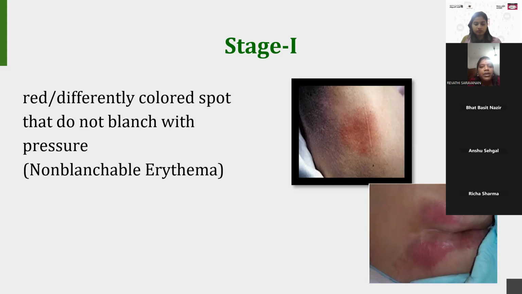We think, okay, maybe that happened, and we move on. But for a prolonged-time bed patient with impaired physical mobility, we have to notice that it is not just a mosquito bite or scratch wound. It is a stage 1 non-blanchable erythema. We have to understand that first.